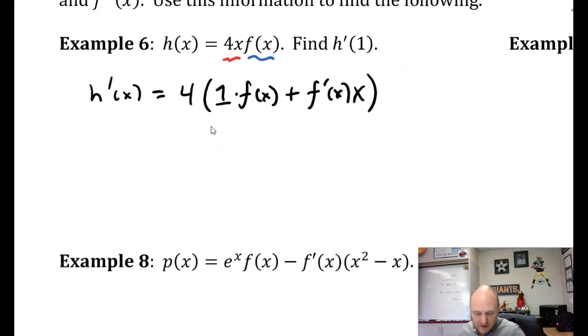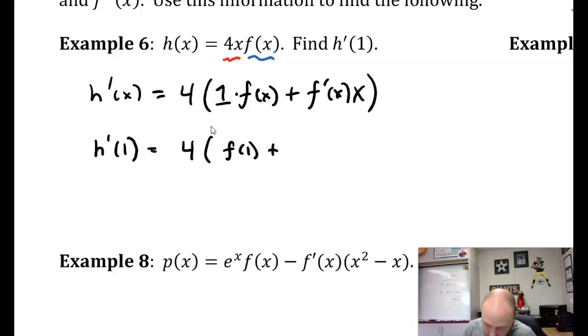So there is my function, and I'm just going to directly plug in 1. H prime of 1. Okay, so let's fill in. Wherever there's an x, we're going to fill in 1. So f of 1 plus, I guess 1 times f prime of 1, which we don't really need to write, but I'll leave that there.